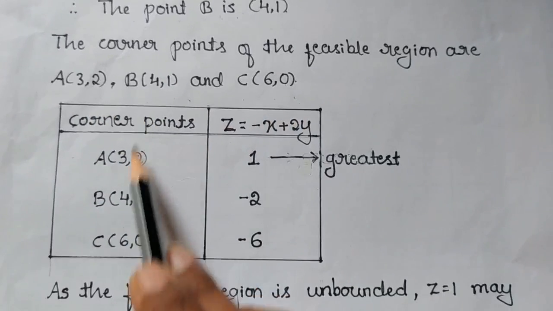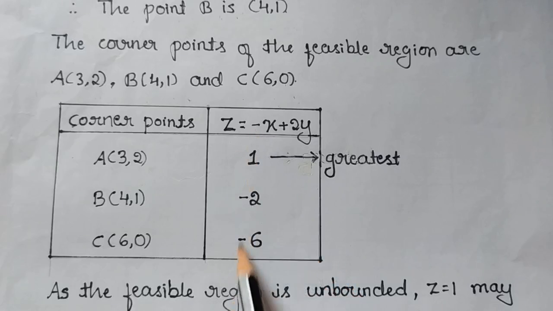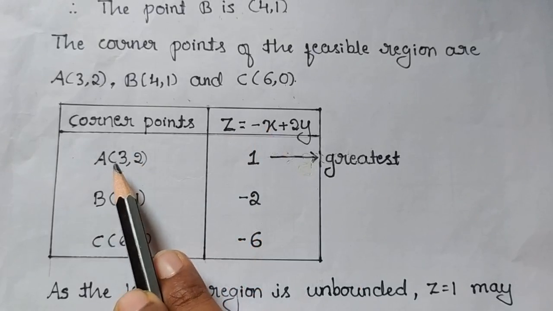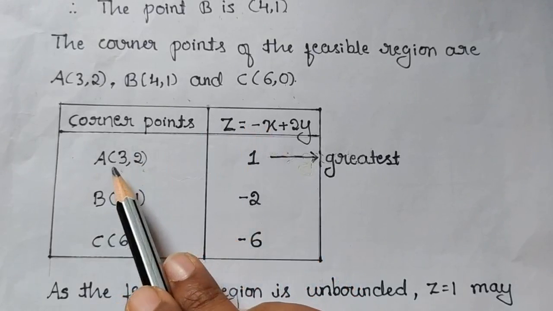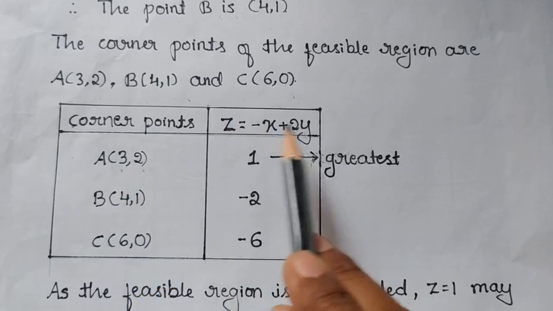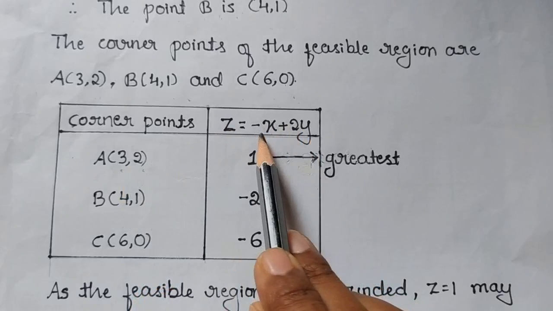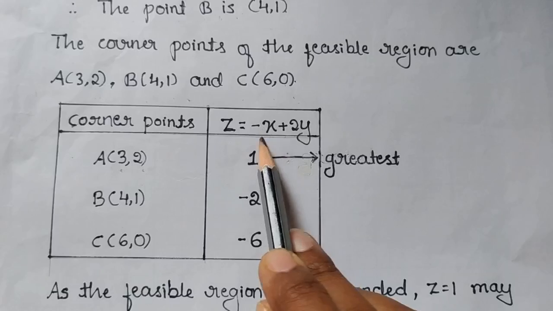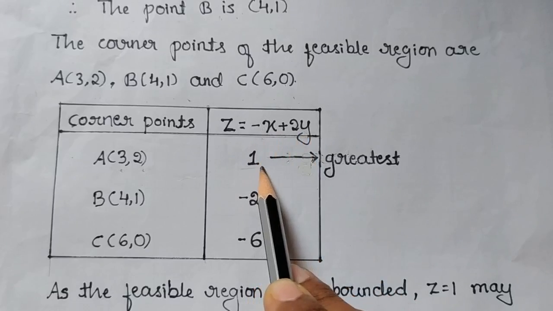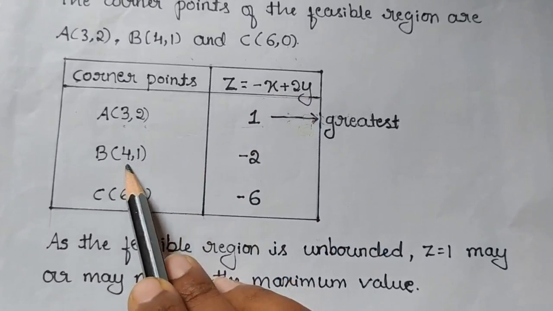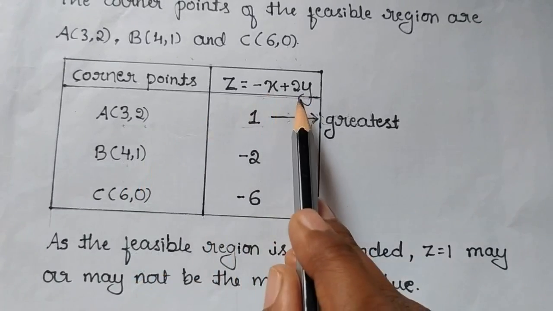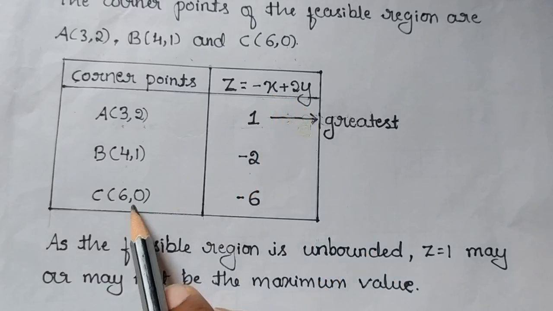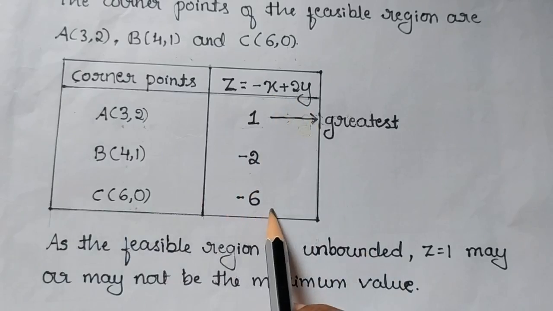In the first column write the corner points and in the second column write the values of Z. For the first point 3, 2, substitute x as 3 and y as 2 in this equation. We get minus 3 plus 2 into 2. Minus 3 plus 4 is plus 1. Similarly, put x as 4 and y as 1. We get minus 4 plus 2 is minus 2. For the third point, we get Z as minus 6.